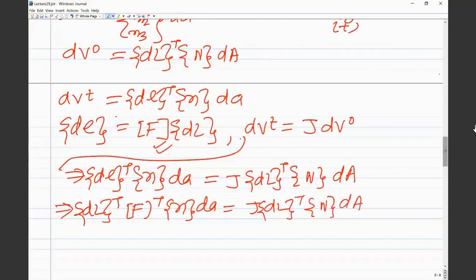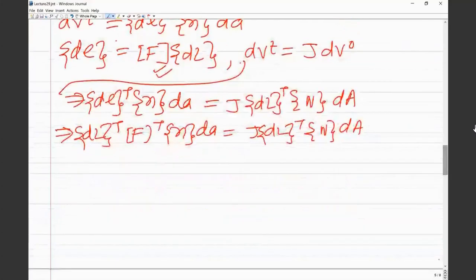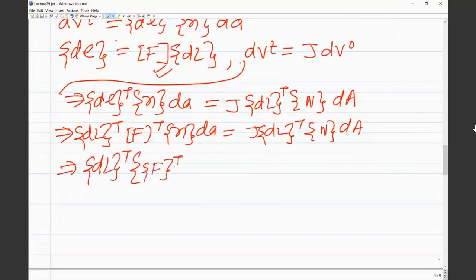This is straightforward. Now we can take the term on the right hand side to the left hand side, and take dL transpose as common.